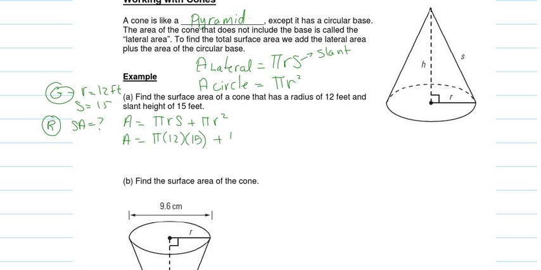Again, this is where you can find each one separately, like pi times 12 times 15, and pi times 12 squared. Sorry, can you repeat your question?